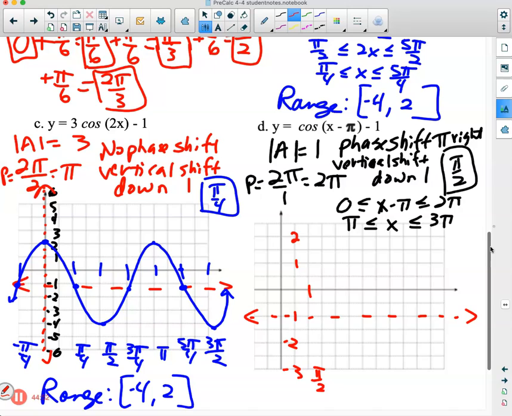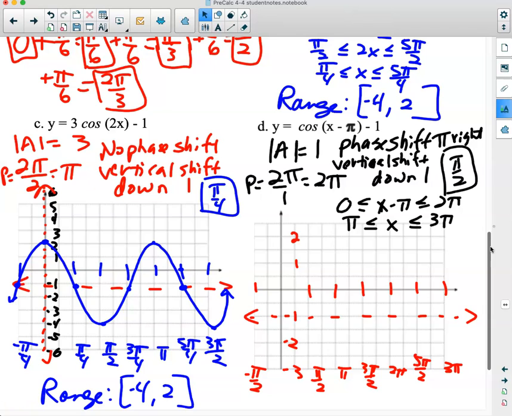I'm going to go every 2. And I want to put my helper on there for my phase shift.